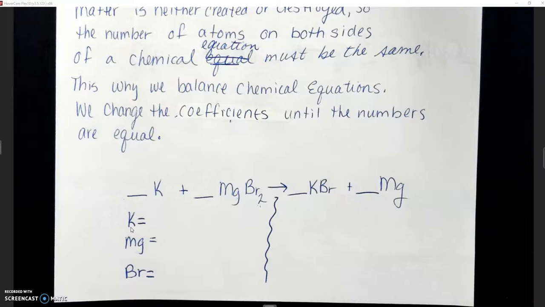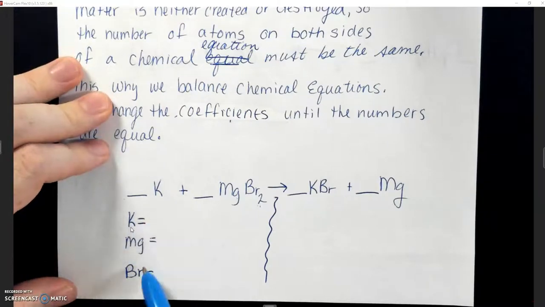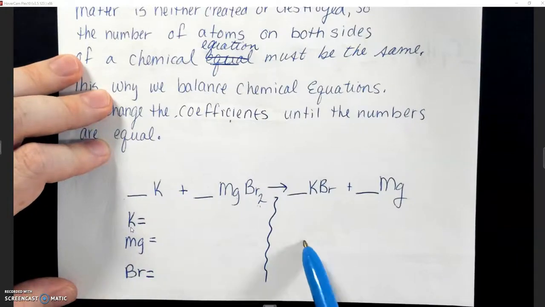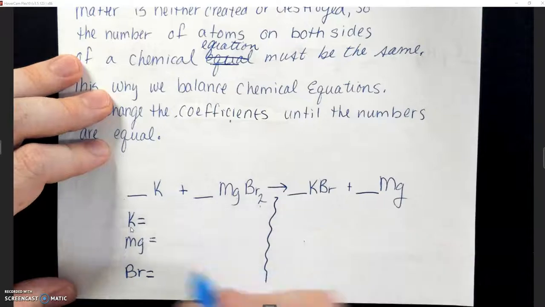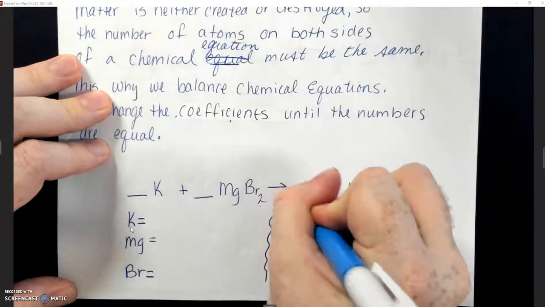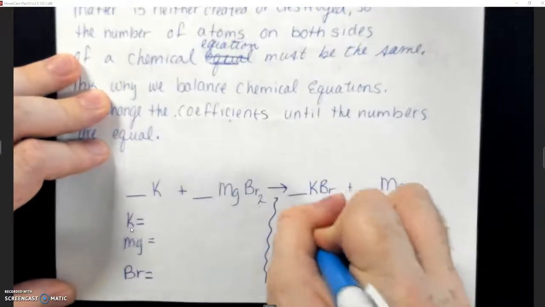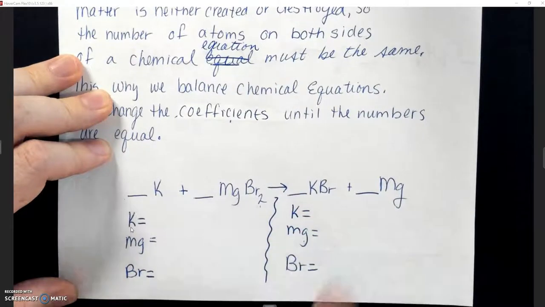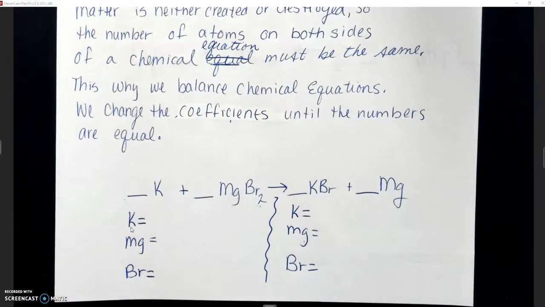Okay. Once you get an inventory of the atoms on one side, the law of the conservation of mass says you must have the same list on the other side. So once you know one side, you can just copy the list over to the other. Now we need to go through and count the atoms on both sides and see where we need to make adjustments to balance this equation out.